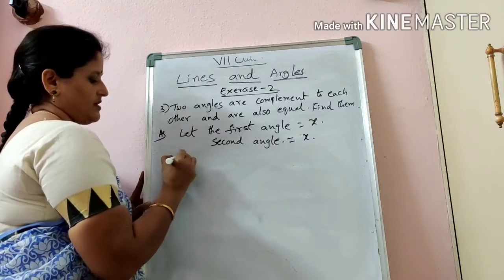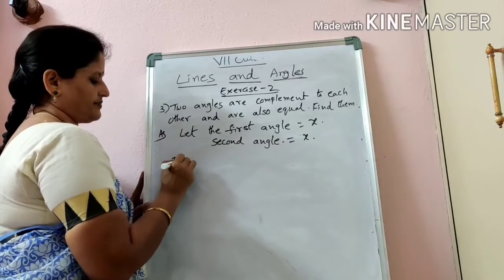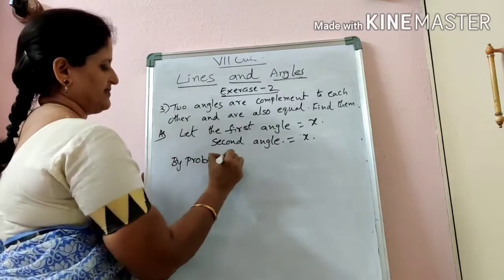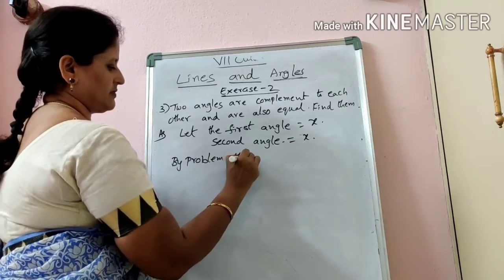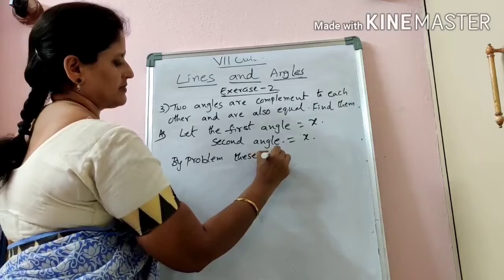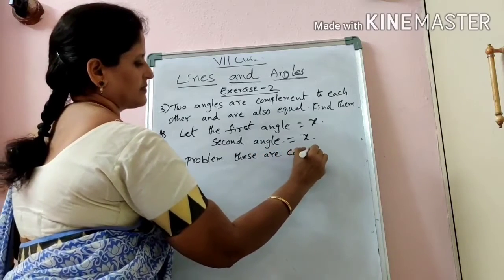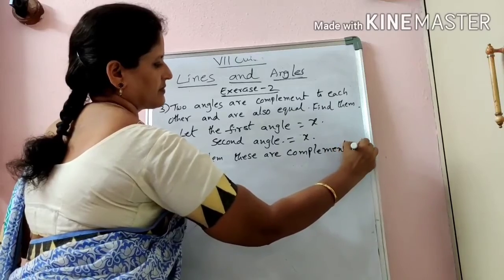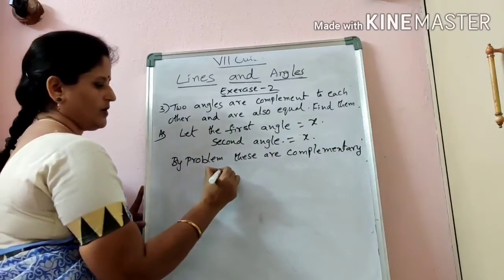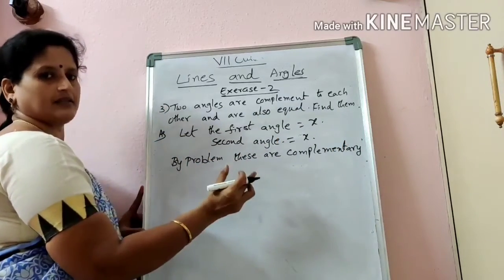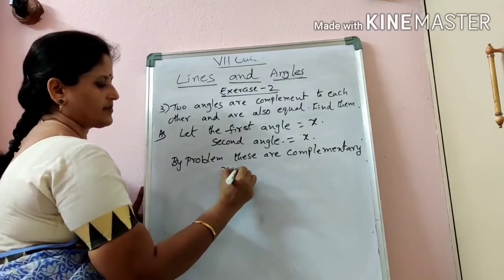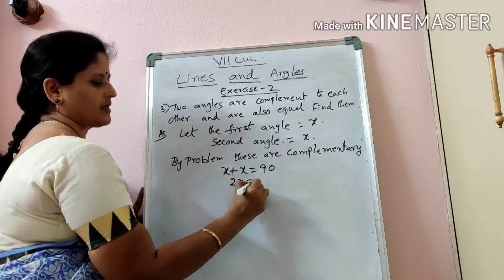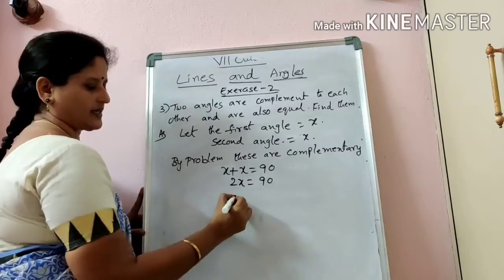These are complementary angles, so the sum of two angles is 90 degrees. x plus x is equal to 90. x plus x means 2x. 2x is equal to 90.